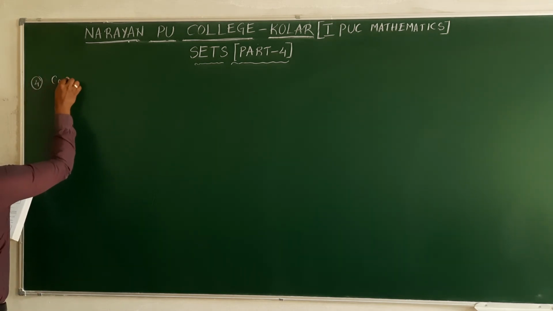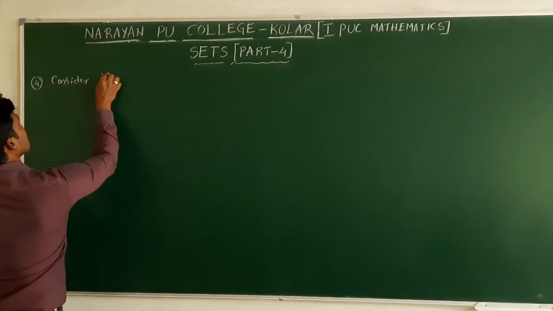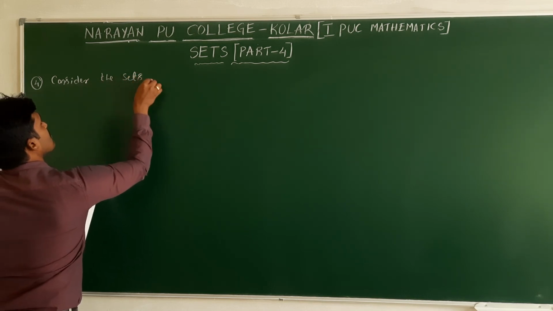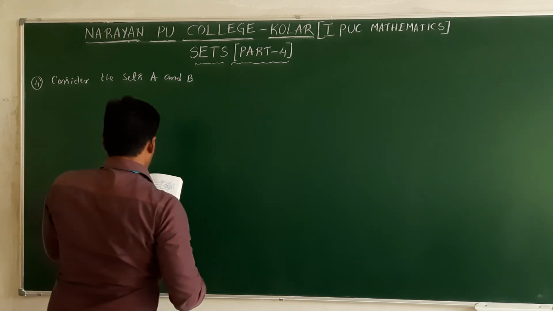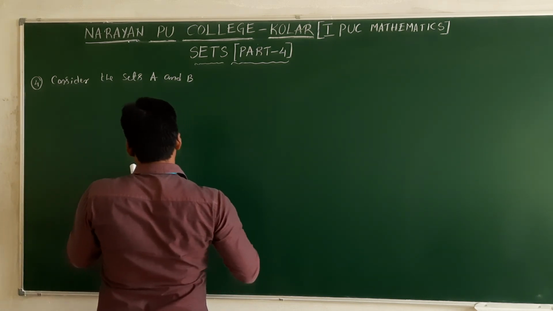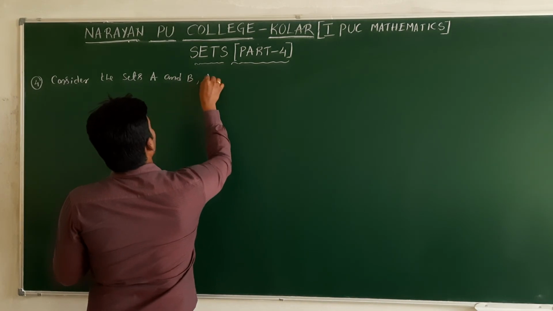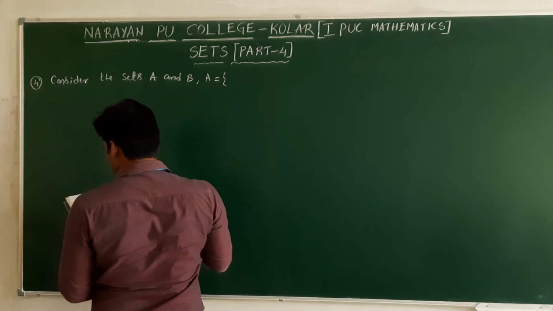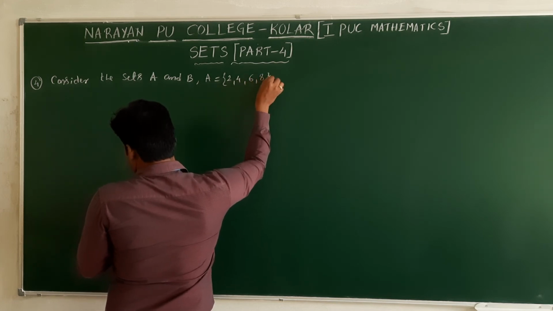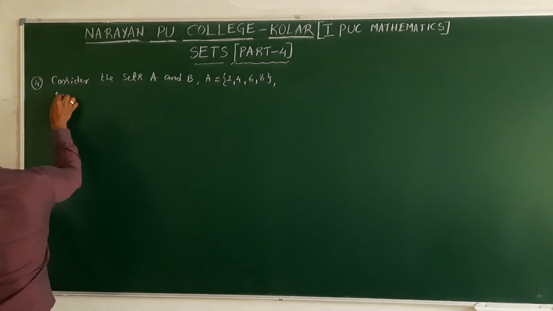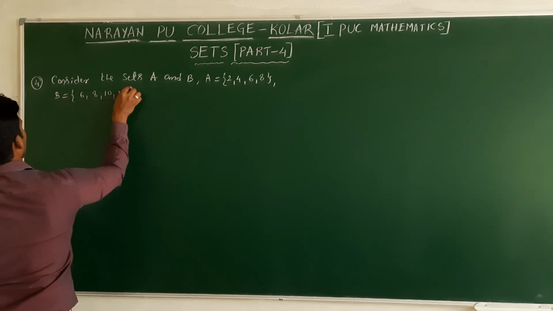Consider the sets A and B, where A equal to 2, 4, 6, 8, B equal to 6, 8, 10, 12.